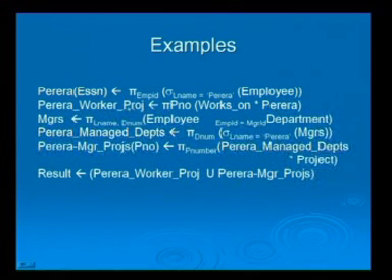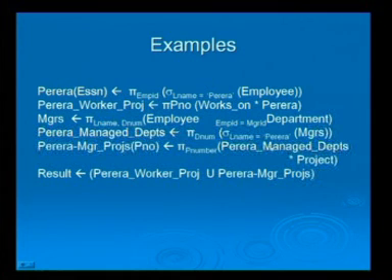So, in the first relation that we did, we got the projects that Pereira is working on as a worker, and from this relation we got the departments that Pereira is working as a manager.